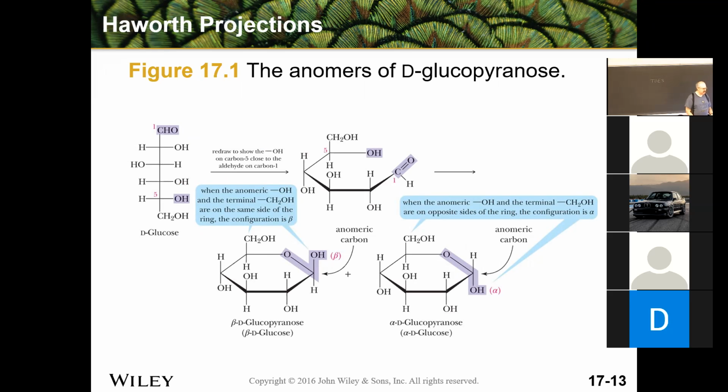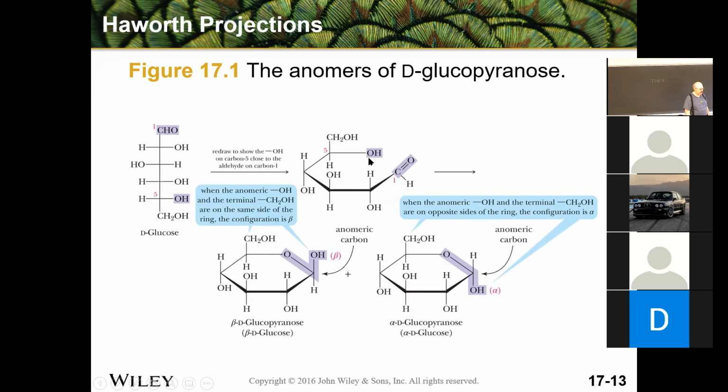Okay, so here we have D-glucose. Back in our chapter on aldehydes and ketones, one of the things I mentioned was that most hemiacetals are not stable. It turns out with these 5- and 6-membered rings, the cyclic hemiacetal is actually the favored equilibrium form. So the carbonyl is polarized, carbon end is plus.